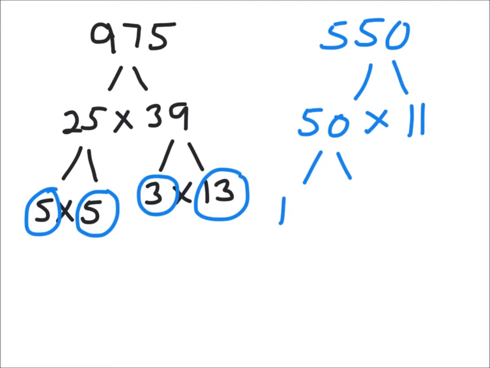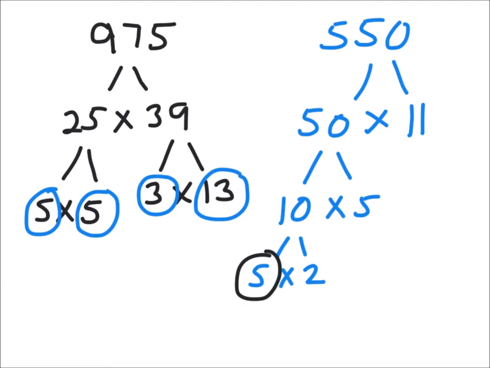Let's sort that one out first. What shall we do? Well, we know it's in the 10 times tables. 10 5s. Is 10 a prime number? No, it's not. Let's break it down. It's a product of 5 and 2. Is 5 a prime number? Yes, it is. Is 2 a prime number? Yes, it is.